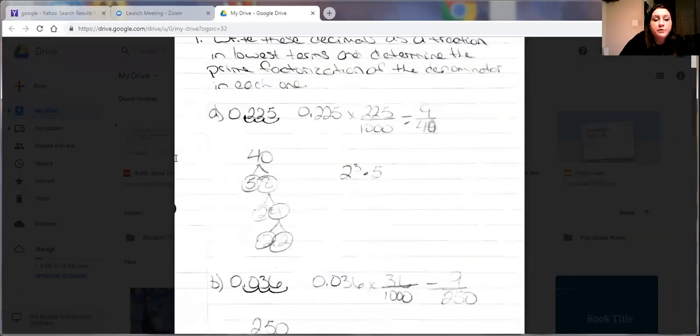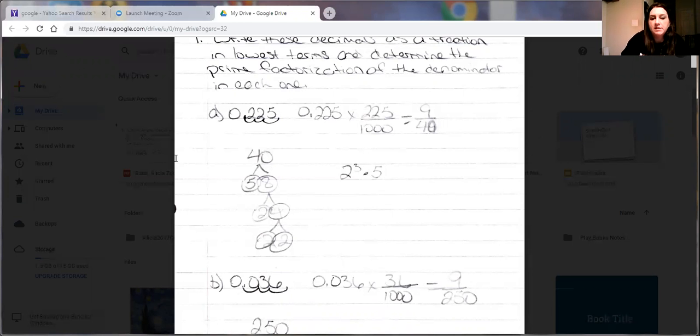0.225. You'll move the decimal over 3 times, and then you'll times it by 1 and as many zeros as you move the decimal.